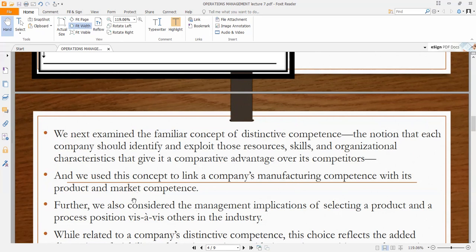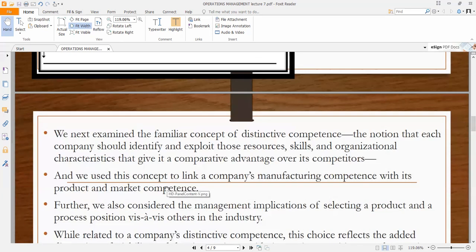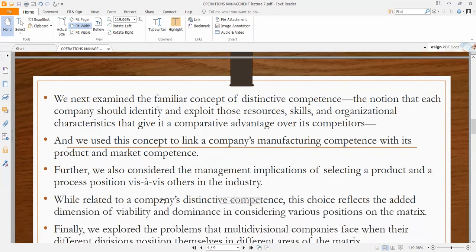As we look at this process, in one of our first interactions, when I talked about the process life cycle, we looked at the concept. We use this concept to link a company's manufacturing competence with its product and marketing competence.